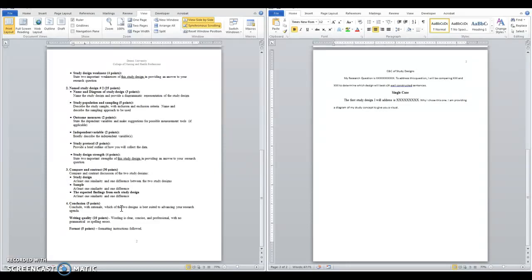In there, make sure that you give me the rationale of which design you chose. You may want to add that into the introduction: this paper will help me best to determine which of these two study designs would be best for my particular topic.